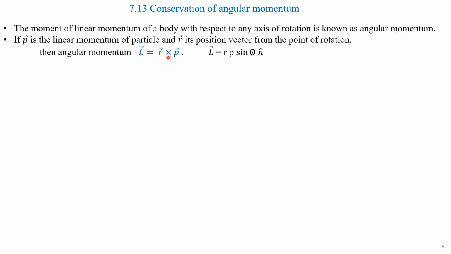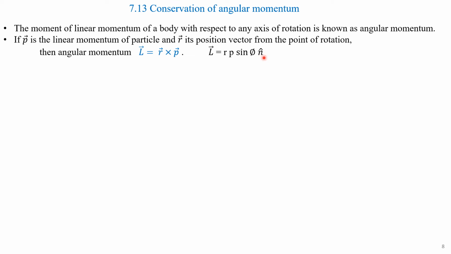This cross product results in a vector L which is perpendicular to the plane of position vector and linear momentum. So it can also be represented as L is equal to r p sin phi n unit vector.